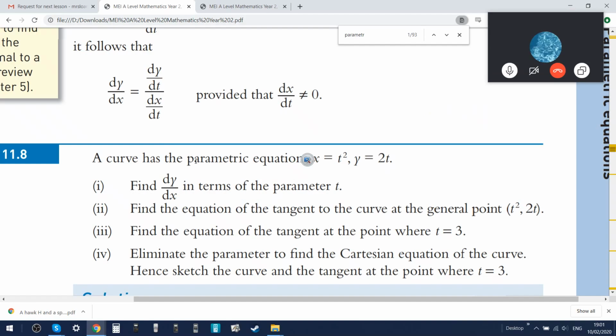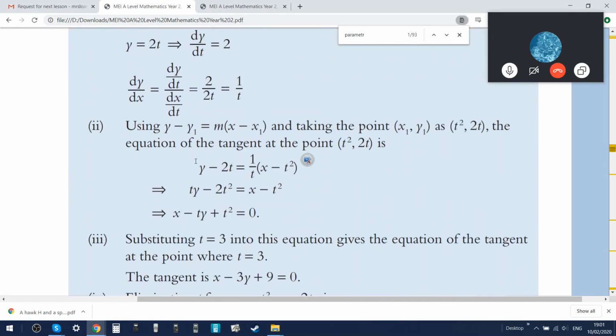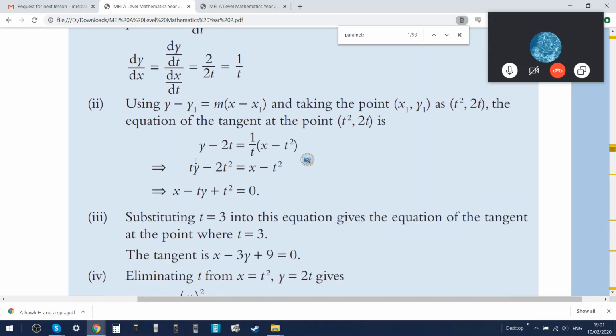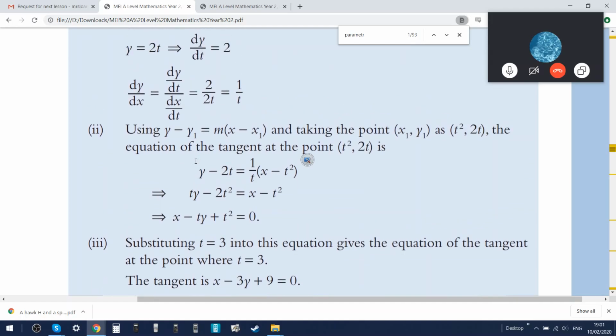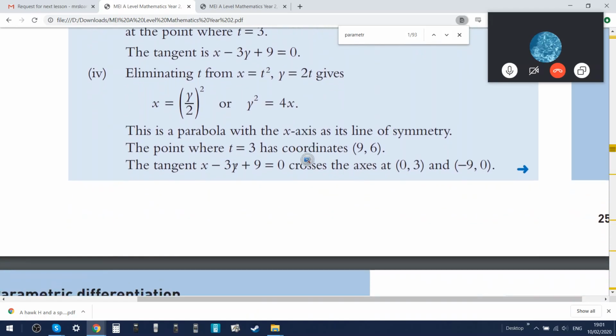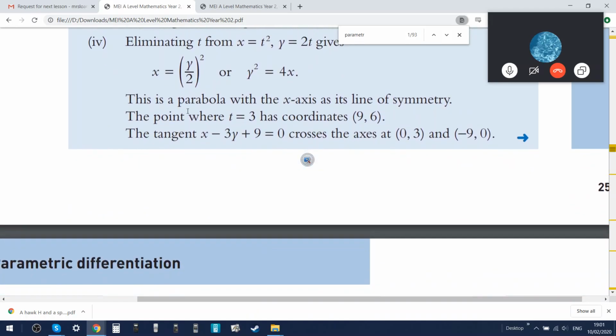T equals 3. The x-axis has its line of symmetry.